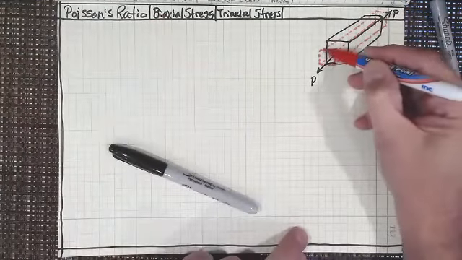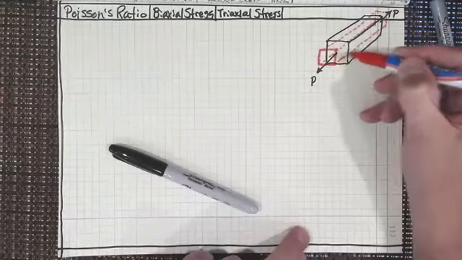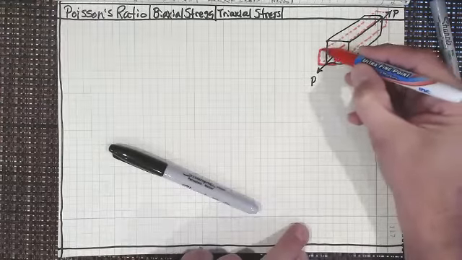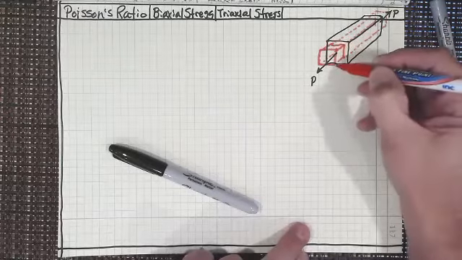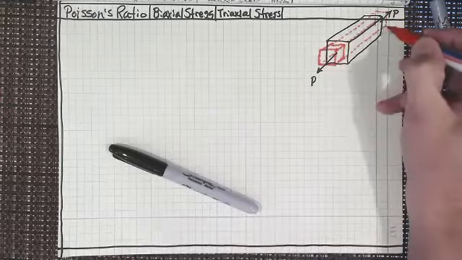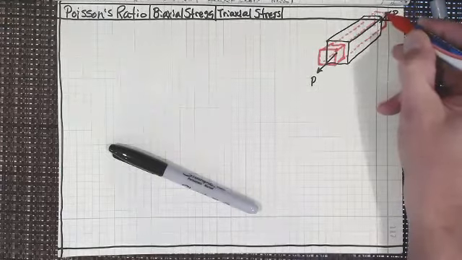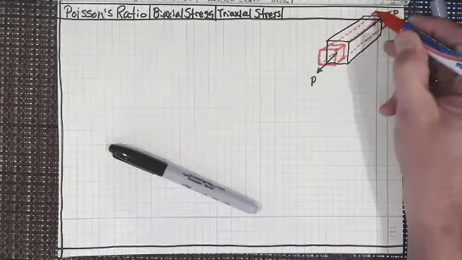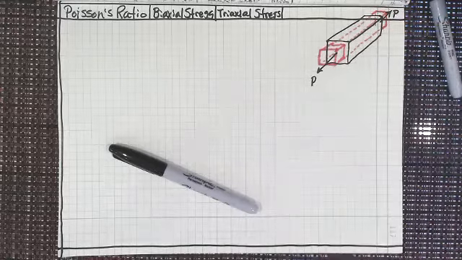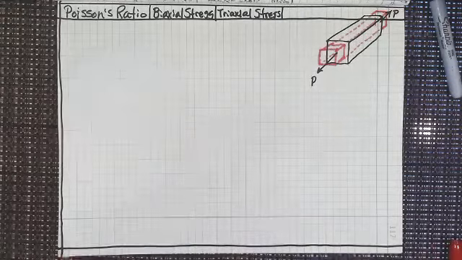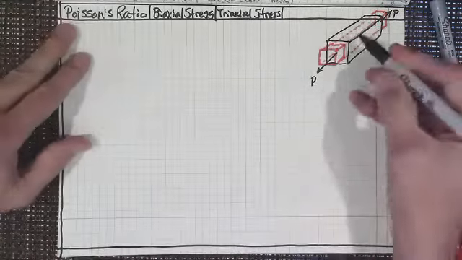So I'll draw the visible end of what it would look like here, because it would be longer, and then it would also be longer back here too, but it would be narrower. Does everybody see that? It's narrower in the 2 directions, but it's longer in the 1 direction.